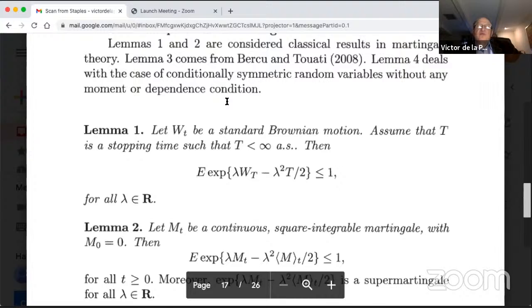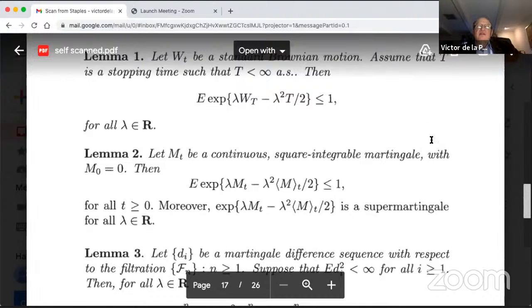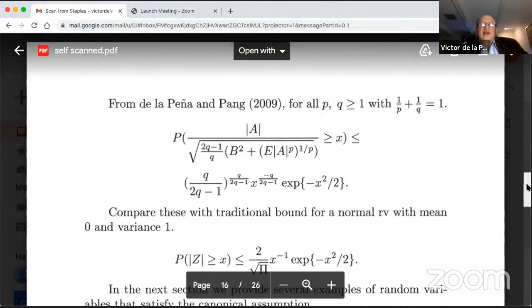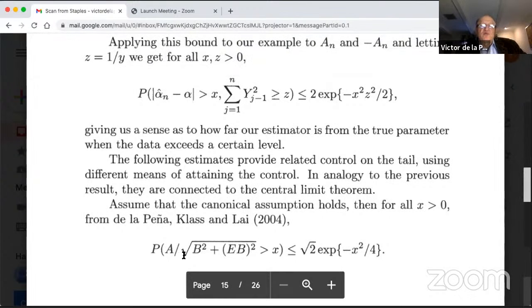For example, if you have standard Brownian motion and assume that T is a stopping time, then the expected value of e to the W_T minus lambda squared T over 2 is less than or equal to 1 for all lambda in R. So you can replace A by W_T and B squared by T. So the inequality that we just showed applies when you take Brownian motion up to a stopping time divided by the square root of the stopping time minus its expected value squared.